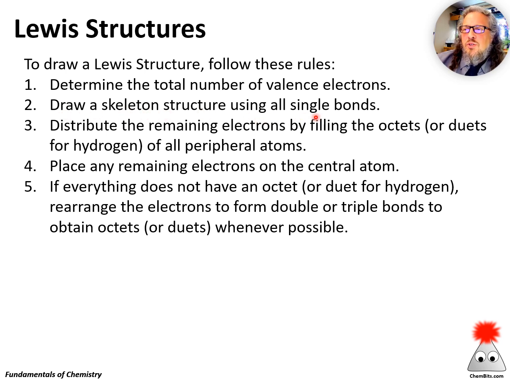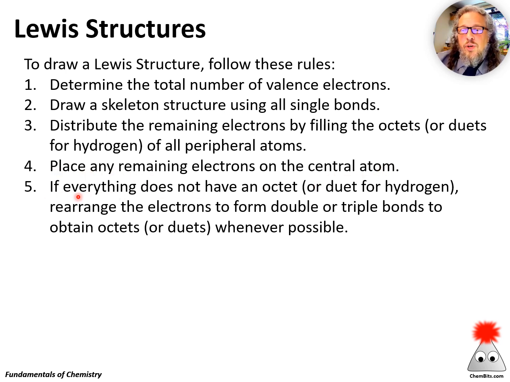Once we've got the skeleton structure, remember each single bond represents 2 electrons, and we counted up all of our valence electrons. So then we'll distribute the remaining electrons by filling the octets, or duets if it's hydrogen, of all the peripheral atoms, all the atoms that are around the central atom. If we've got any leftover electrons, once those are all full, those go on the central atom itself.